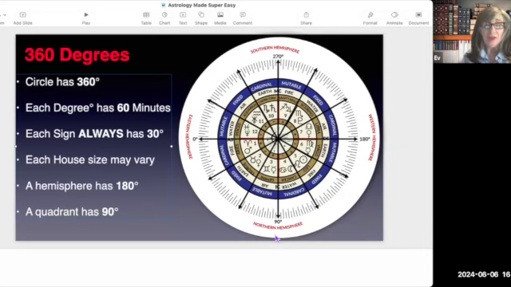I hope you've learned where to start now with the astrology chart. You must start with the understanding of the astrology wheel. It has 360 degrees. It's a circle. Each degree also has 60 minutes. And we'll look at that with a natal chart.